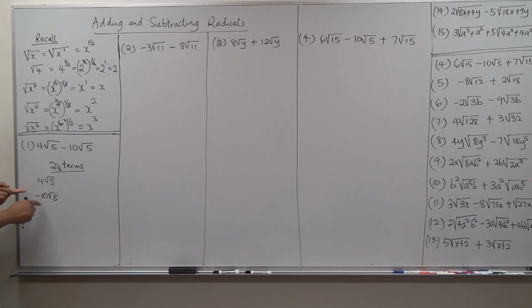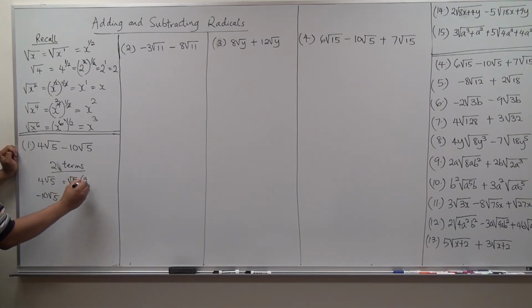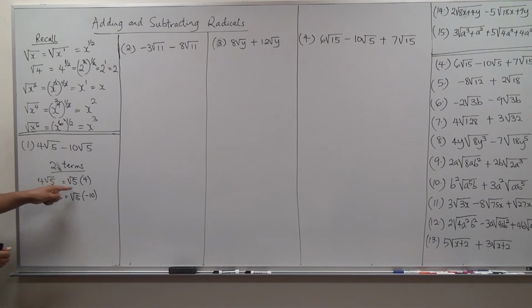So if you look at this, something is common in both terms, right? What is common here is, of course, square root of 5. What we have to do is we now factor out. We use factorization.